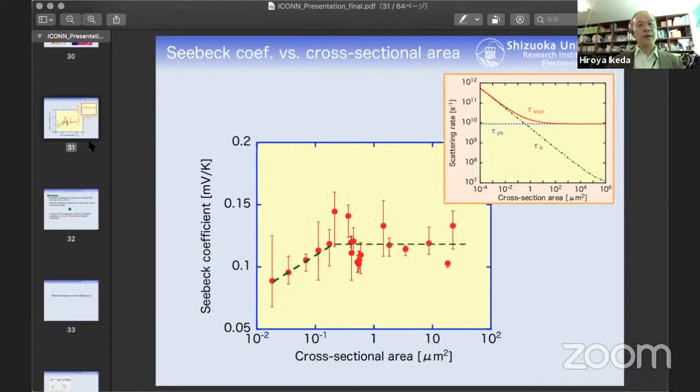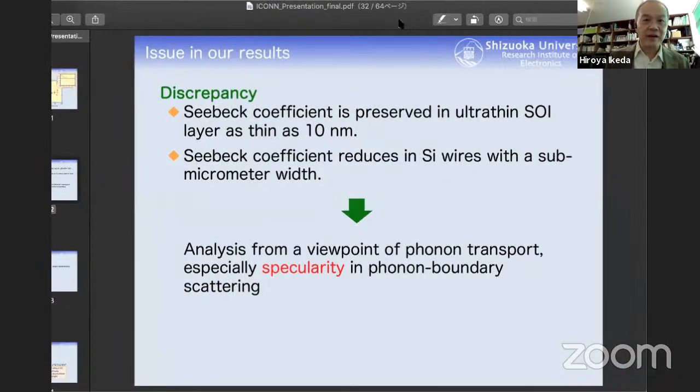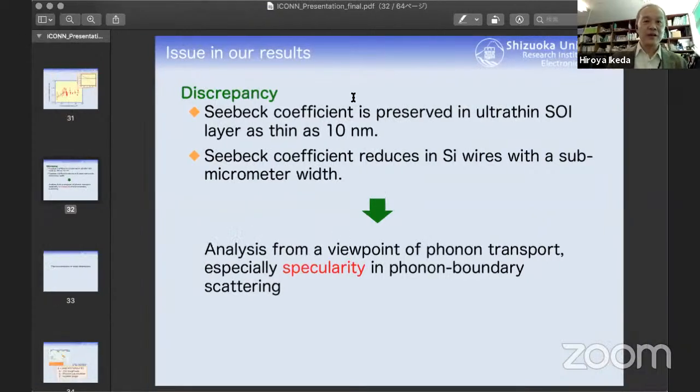But totally, in our result, there is a discrepancy because the Seebeck coefficient is preserved in the ultra-thin SOI layer as thin as 10 nanometers. On the other hand, the Seebeck coefficient reduces in silicon wires with a submicrometer width.